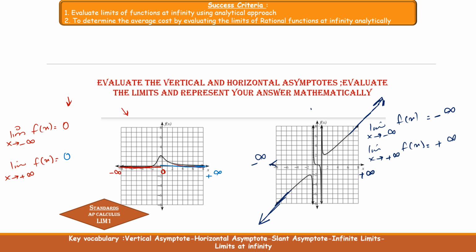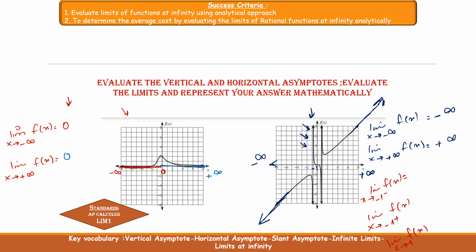Now in this graph, you can clearly see that there is a vertical asymptote at negative 1, right? So you can write here the limit of the function when x is approaching negative 1 from the left side and also from the right side. And for a vertical asymptote, not only do we write the left and right side, but we also write from both sides.